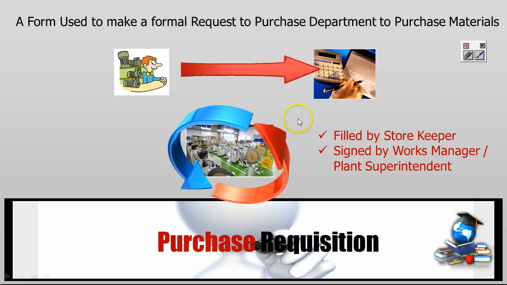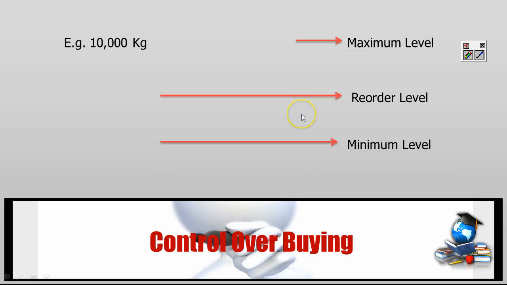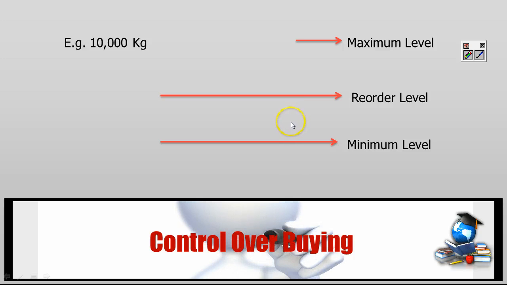Let's go to the next topic. Control over buying. Now you know that you have to purchase, there is a requisition, there is a quotation, you have purchased all the materials, goods have been received, everything. But the important point here is how much quantity will you order?